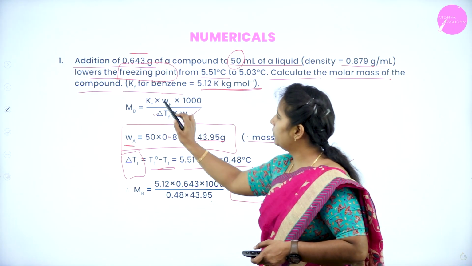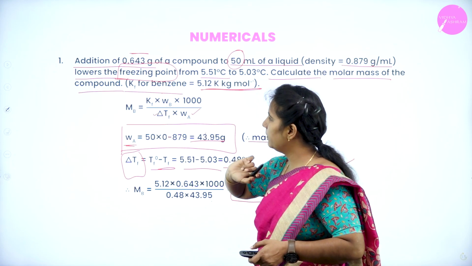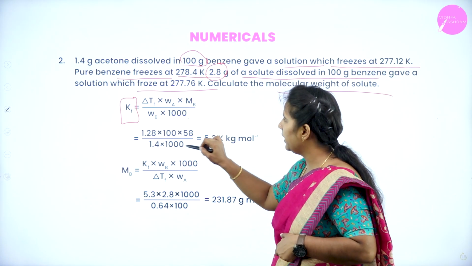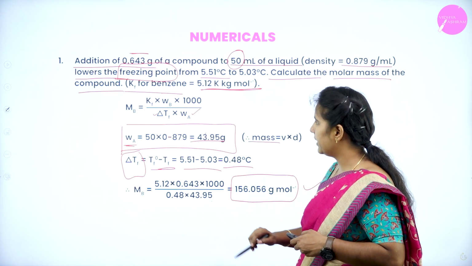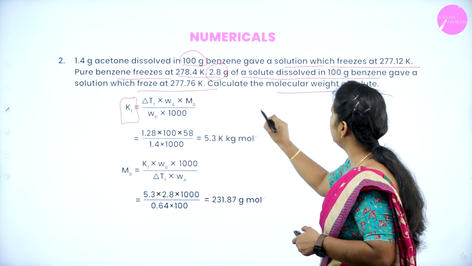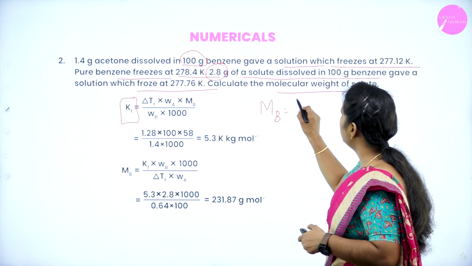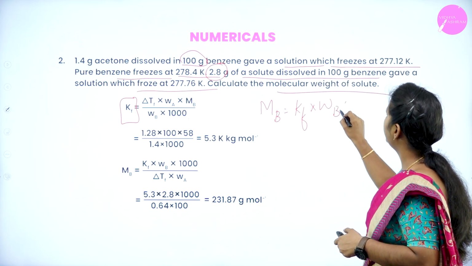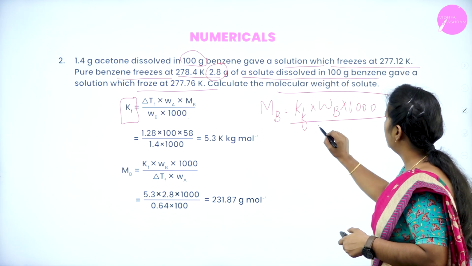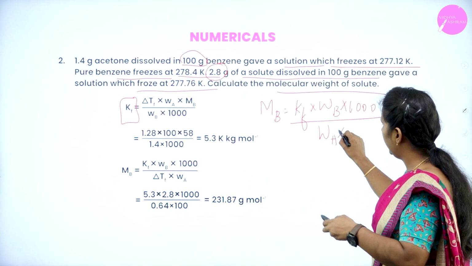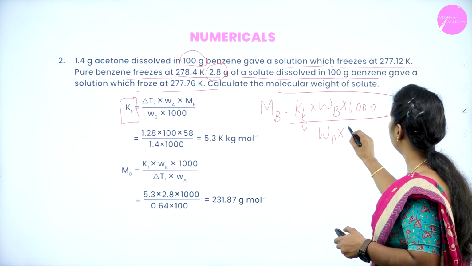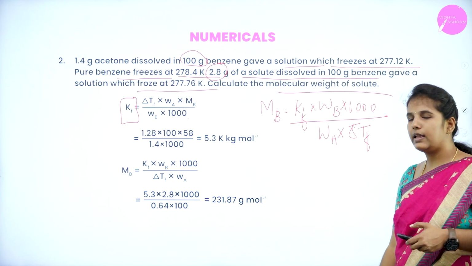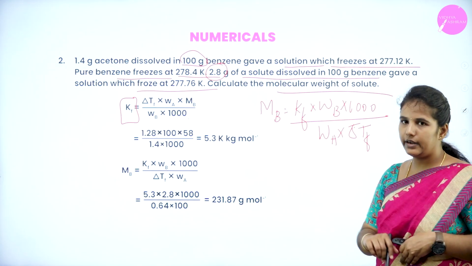If you want to find out the Kf, the Kf comes outside: delta TF into WA into MB divided by WB into 1000. So you can write MB equal to Kf into WB into 1000 divided by WA into delta TF, right? This is the equation to carry out the entire numerical.